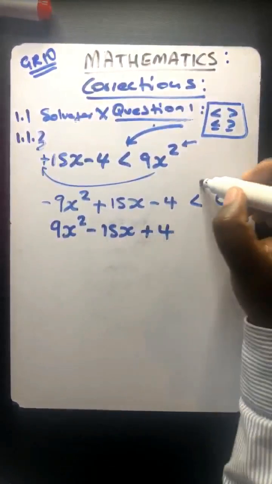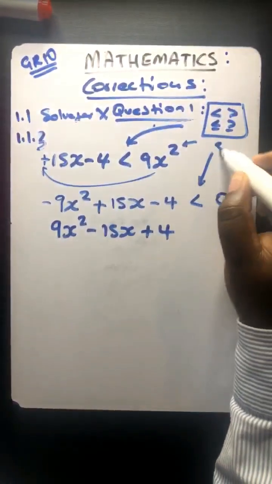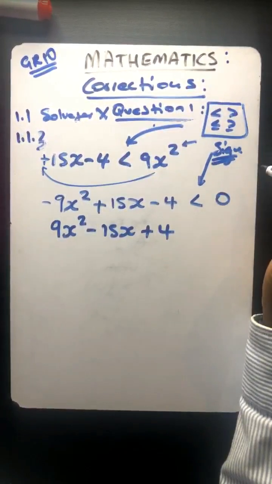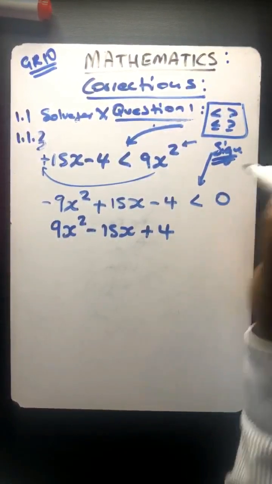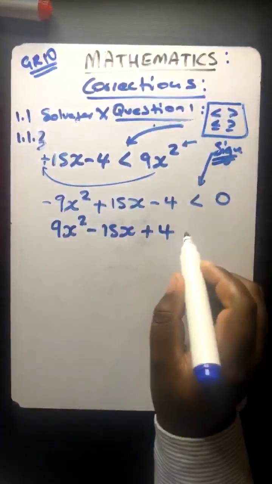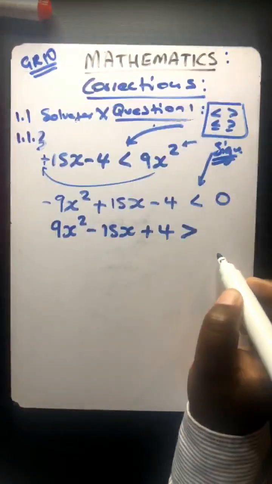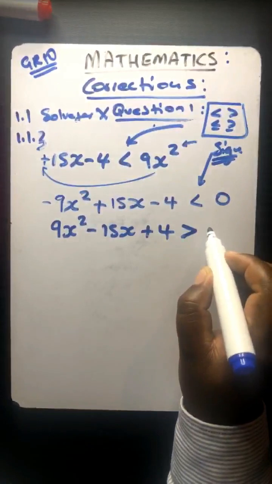Bantu bakiti, this thing, it's a sign. I said you change every sign. So that means it is also going to change. Can you see where it's facing? It now changes to be that. And then from there, you are having 0.